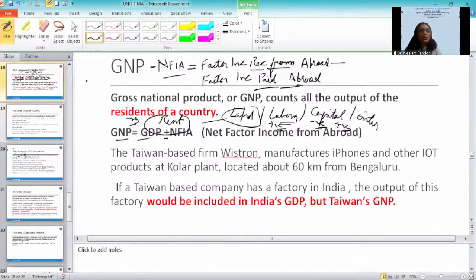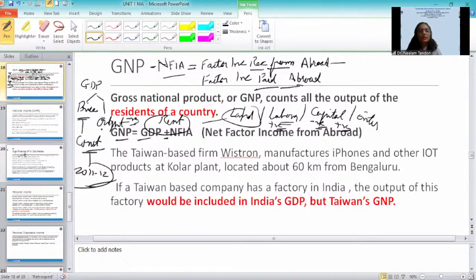When we talk about GDP, we took production. Production can be fragmented into two components, price and output. If you keep this price constant, how do you keep it constant? By taking a base year. The base year we have taken is 2011-12. So you take prices of the base year, and output of 2022.